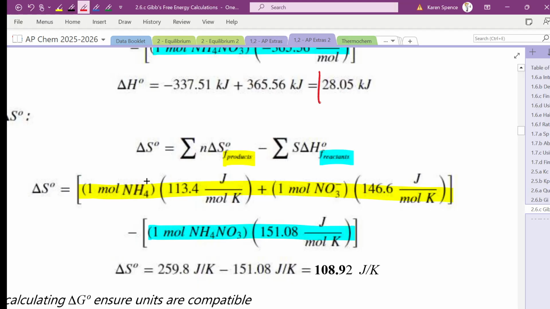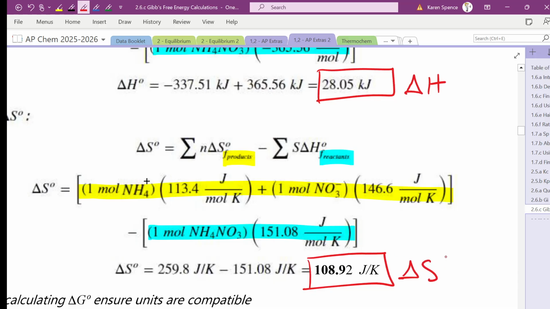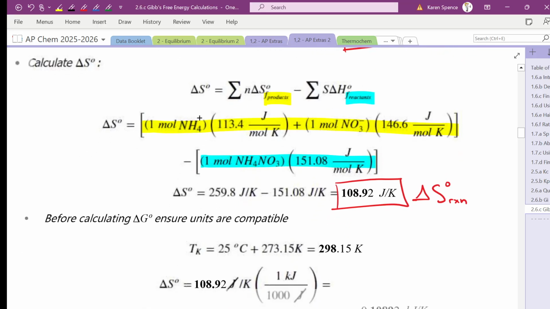So this here is our delta H. This here is our delta S. And those are both of the reaction. So those are our overall. And once you have those, what are you going to do with them to find delta G? We're going to throw them in equation number 2 and do the little multiply by T and subtract, okay?